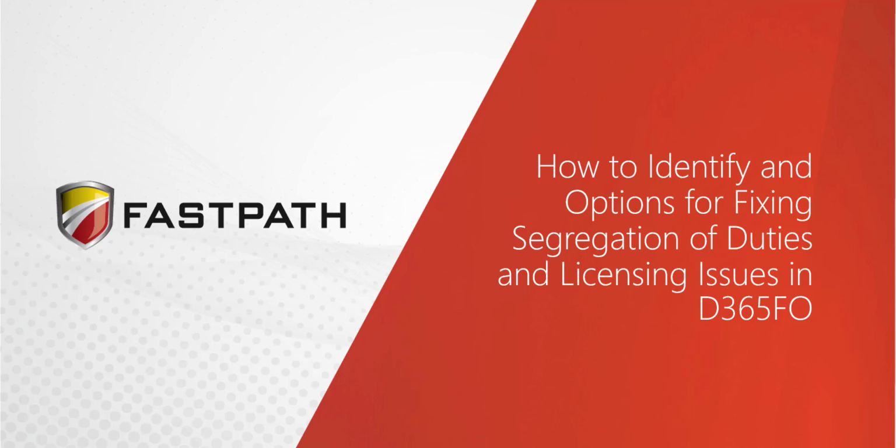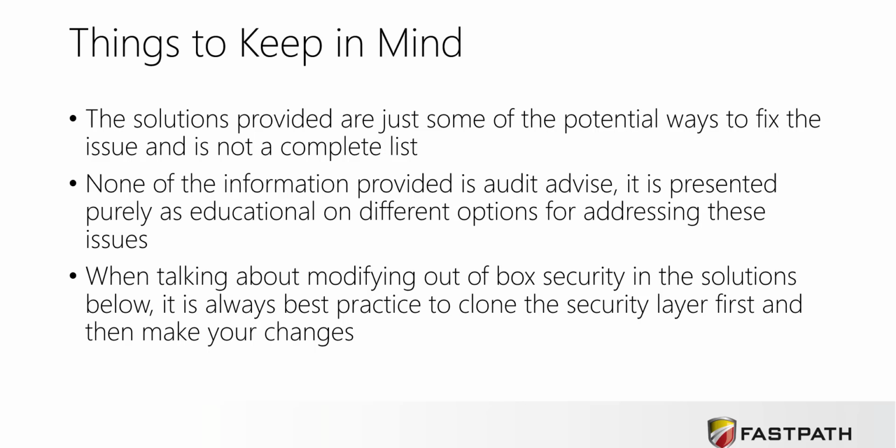So before we get started, a few things that I wanted to just keep in mind while we're going through this. One is that the solutions I'm going to provide are just some of the potential fixes, right? This is not a complete list of everything that you could potentially do to remediate or to address those issues. None of the information provided is audit advice in any way. This is presented as purely educational on how you could potentially go and fix this, on different options for addressing those.